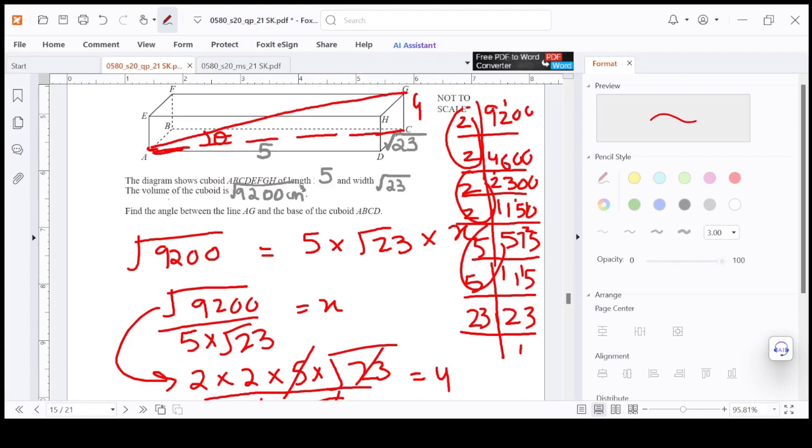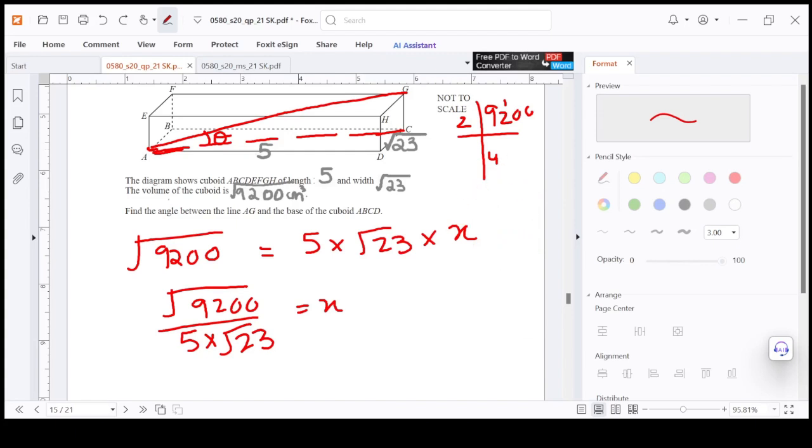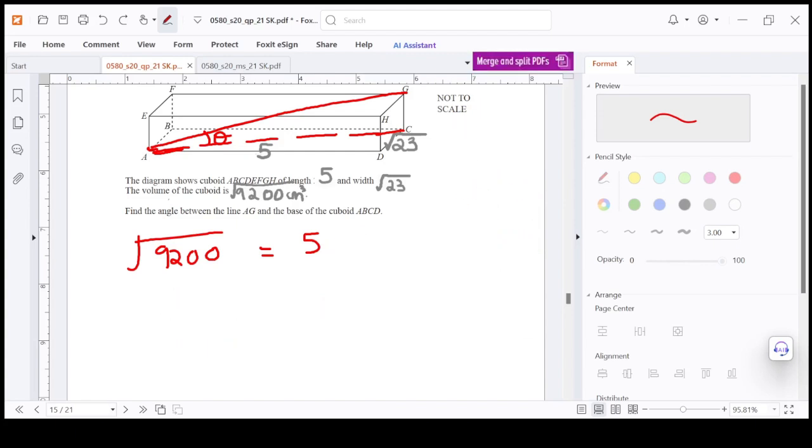Now we need to find the angle between AG and the base of the cuboid. That's the shape that we've already made, the theta that I've already shown. Let me clear this. So we know that this is 4. Now I'm going to use Pythagoras theorem to get AC.